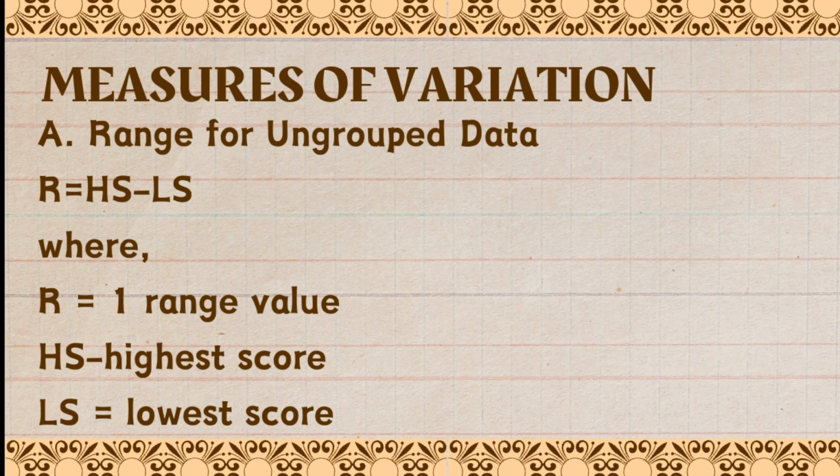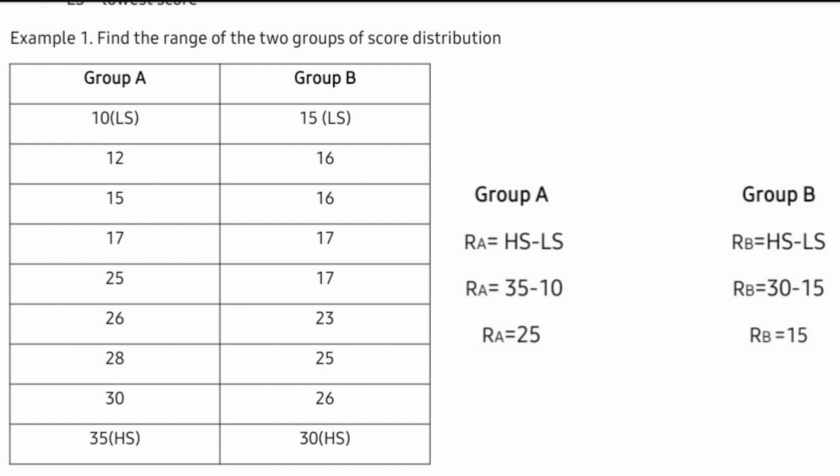So we have the range of ungrouped data. R is the range value, HS is the highest score and LS is the lowest score. You can see there Group A and Group B. Find the range of the two groups of scores. In Group A, the highest score is 35 and the lowest score is 10.